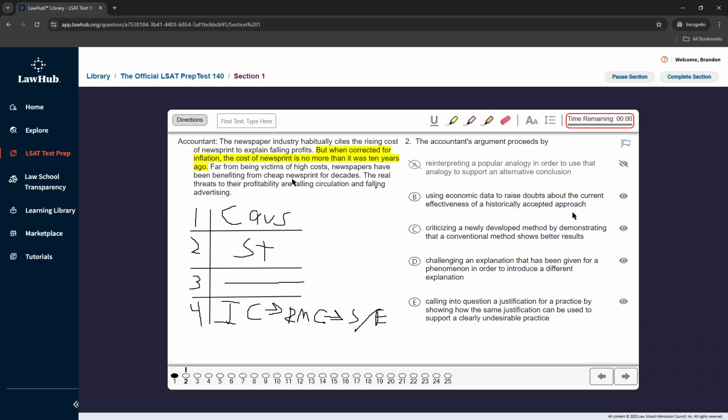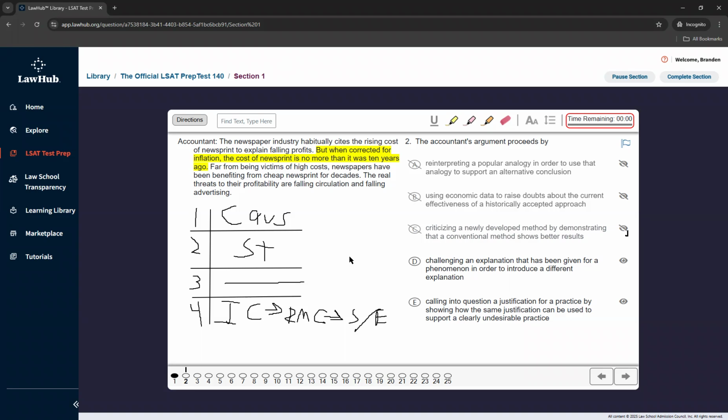So for that reason, I wouldn't necessarily like B. As we look at C: criticizing a newly developed method by demonstrating that a conventional method shows better results. We don't really discuss new or old methods per se. We discuss something that may habitually happen, and then when corrected for current times, but we're not really talking about a new versus old theory. So for that reason, I wouldn't like it.